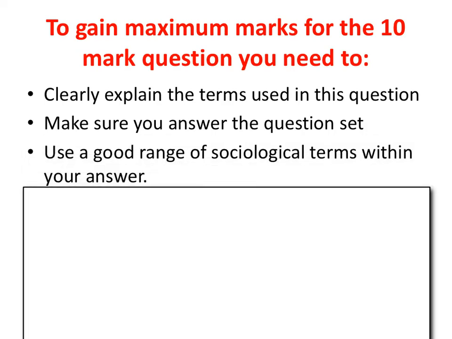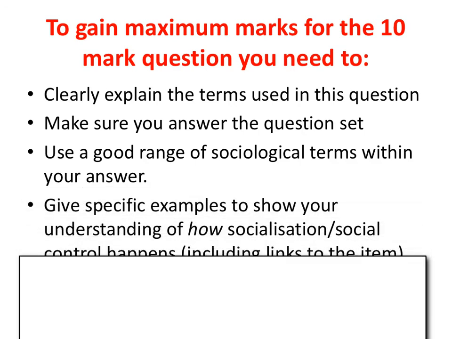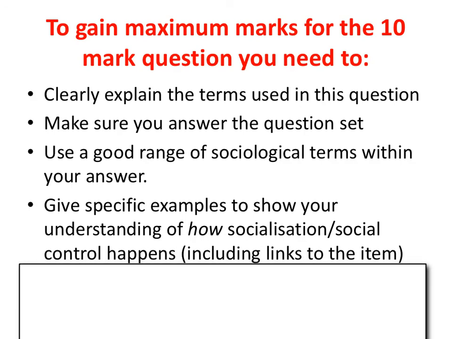Make sure that you use a good range of sociological terms within your answer, and also make sure that you've got lots of very specific examples to show off your understanding of how the process of socialization or social control actually happens. And that analysis has got to include links to the item, as we've just seen.